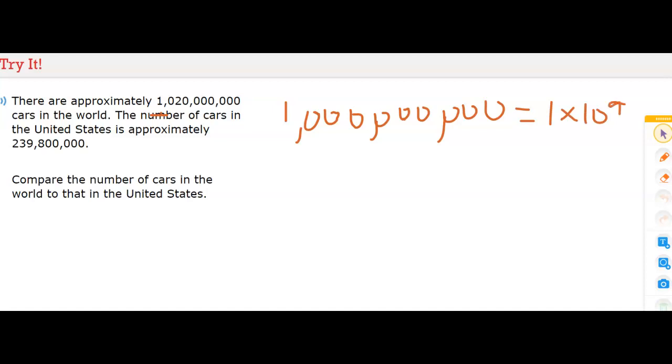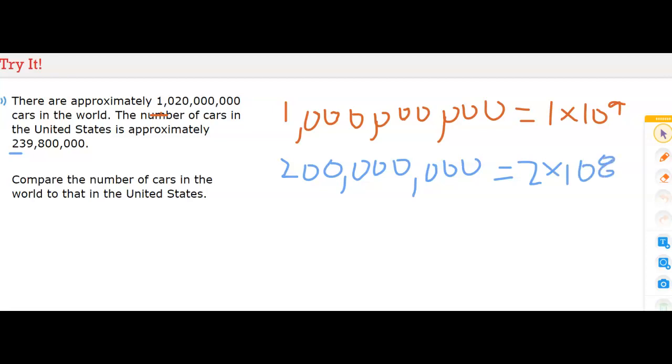Then look at the next one, and we have 2. Next door neighbor is a 3, so it stays 2. Then we have eight zeros, which is equal to 2 times 10 to the 8th.